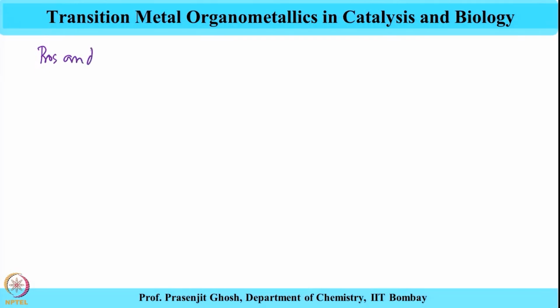So, despite the successful utility of these reactions that we have covered, the major drawback of this enyne reaction as discussed earlier is the formation of other metathesis products like the homodimeric products. So, pros and cons of enyne metathesis.